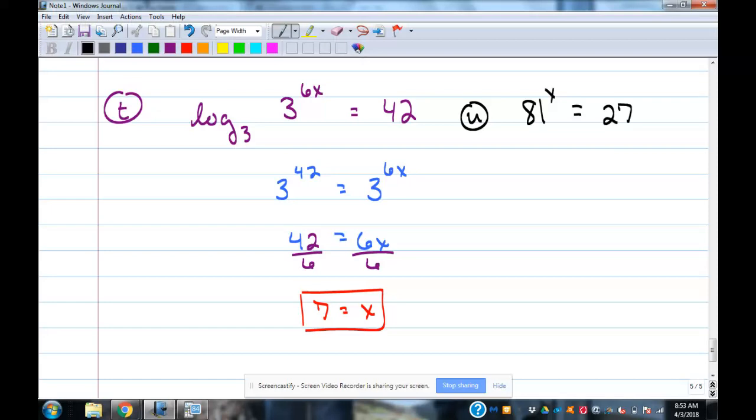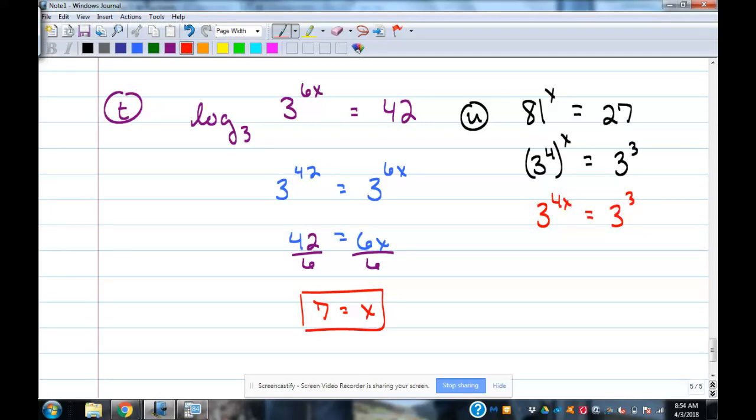I'd try to break those numbers down. 81 could turn into what? 3 to the 4th power. And 27 is 3 to the 3rd. So that's really 3 to the 4x equals 3 to the 3rd.